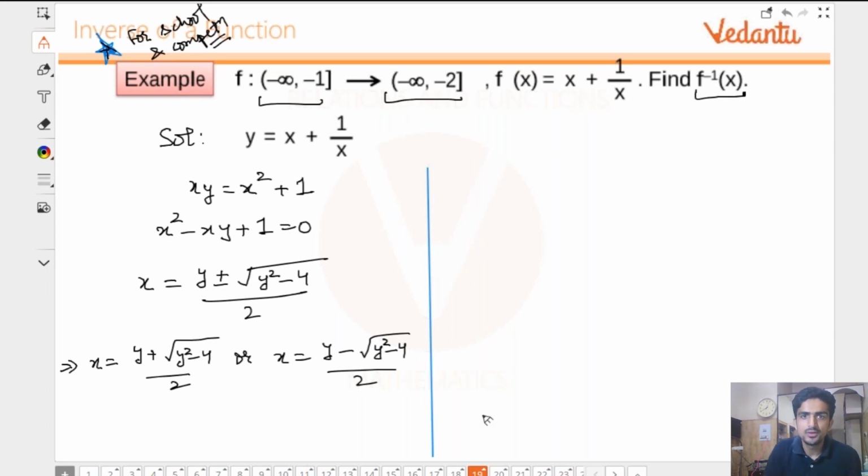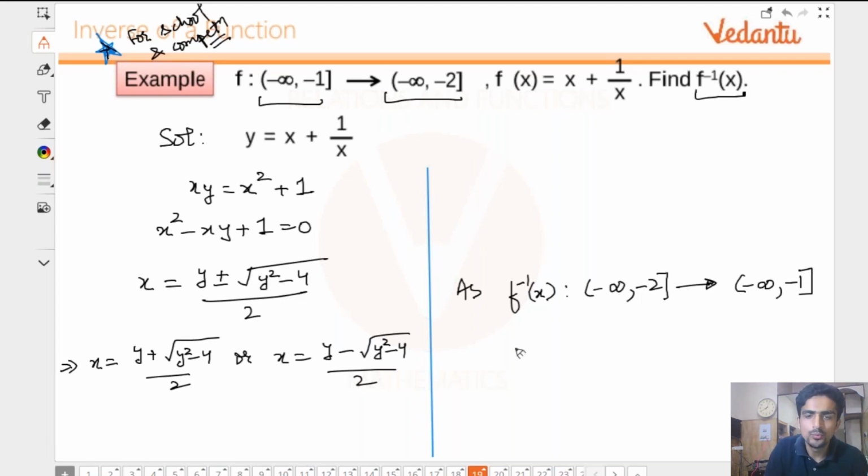Look guys, simple concept is, if f, everybody please listen carefully. If f is from A to B, then f inverse x must be from B to A. So what are we going to do?